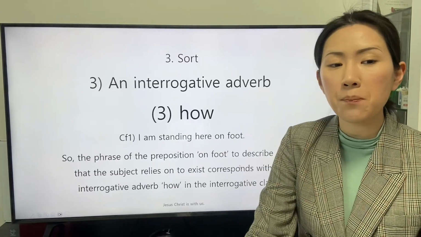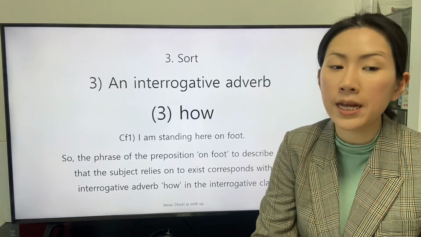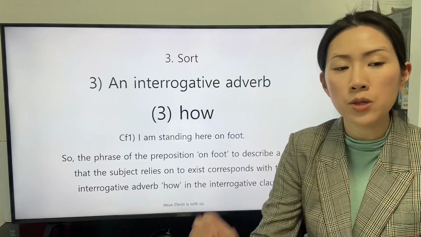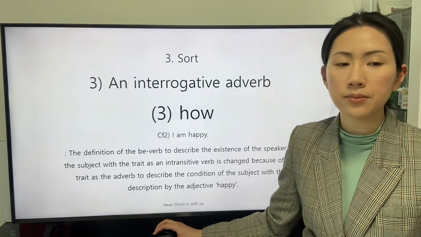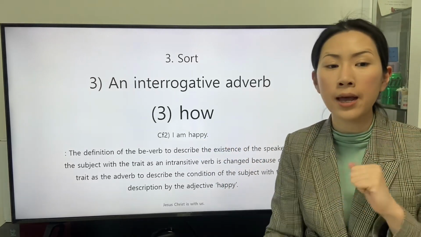So the phrase of the preposition on foot to describe a way that the subject relies on to exist corresponds with the interrogative adverb how in the interrogative clause. The other response is stated in the second conference: I am happy.